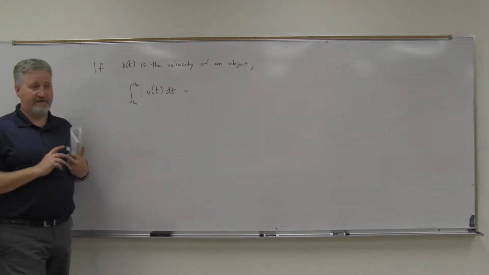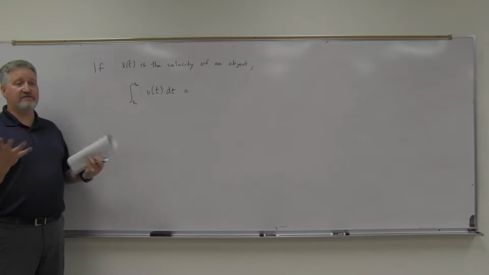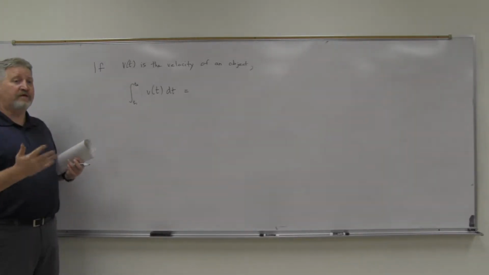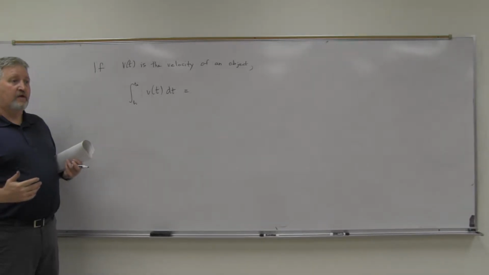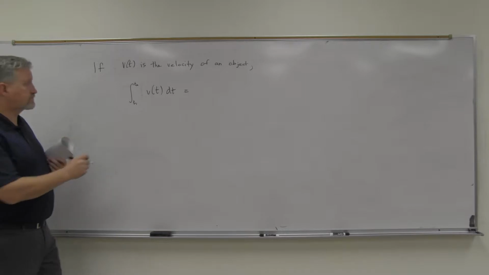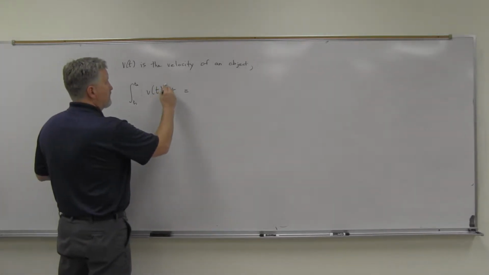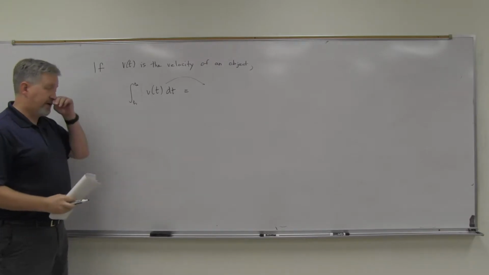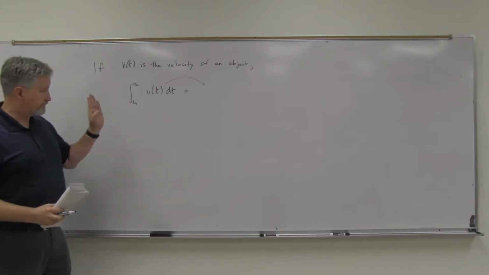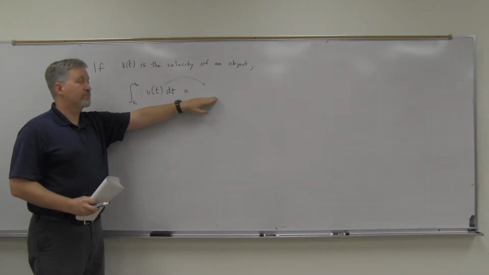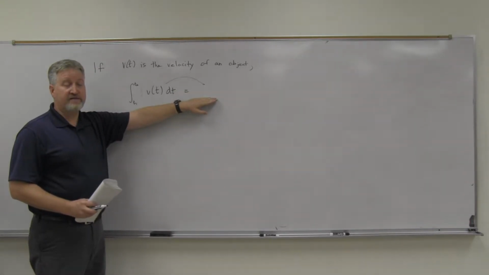Let's just hypothetically say we've got a velocity function, call it v of t, and we integrate that. Well, what we know is that when I do this integral, if I can figure it out, the value I get is the antiderivative of this, right?